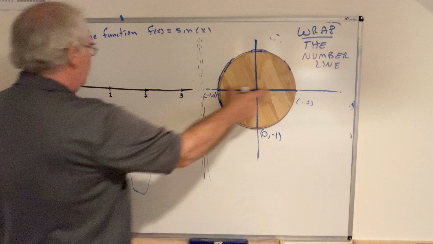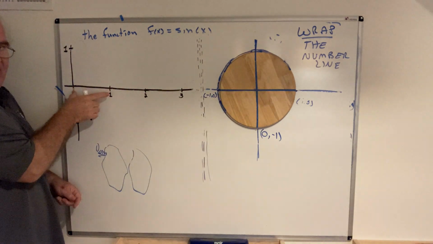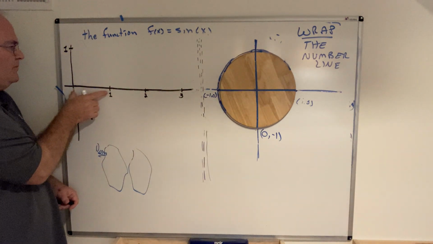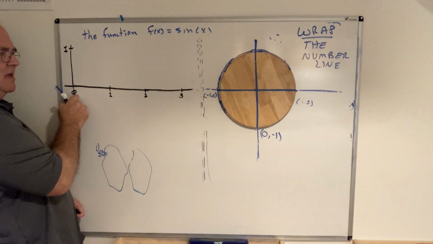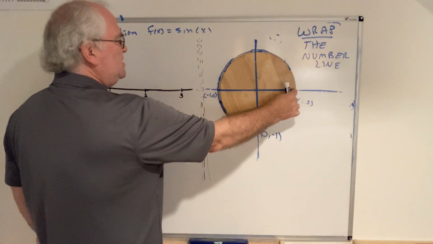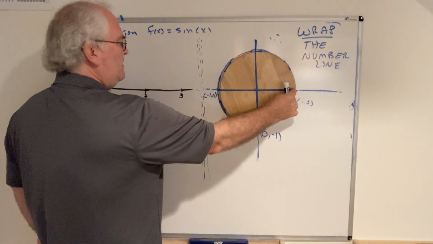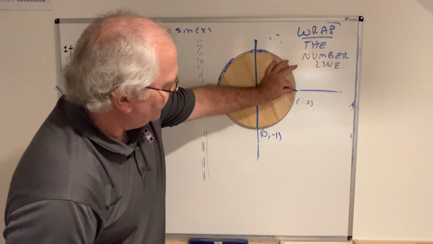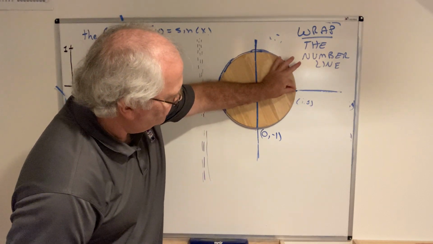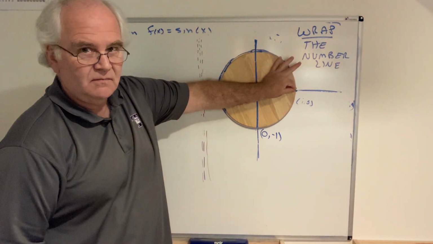So if this is 1, this is also 1 over here on the left-hand side. If I start at 0, that corresponds to a radian measure of 0. What is the y-coordinate of an angle there? Well, the y-coordinate of that angle is 0.